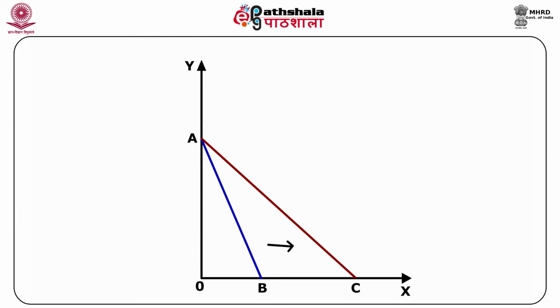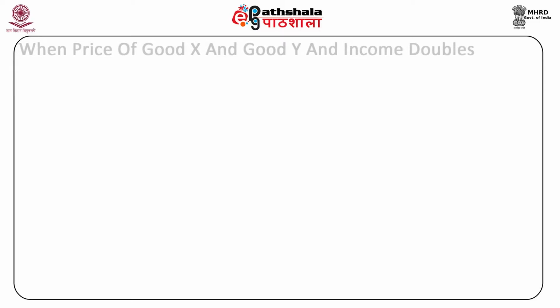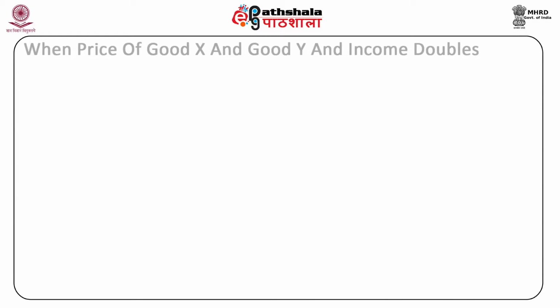According to equation third, a fall in Px will decrease the value of Px upon Py, slope of the budget line, making the budget line flatter without changing the vertical intercept. Now, consider a case in which the prices of X and Y and income all double.